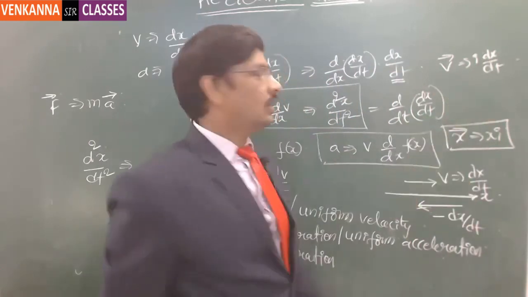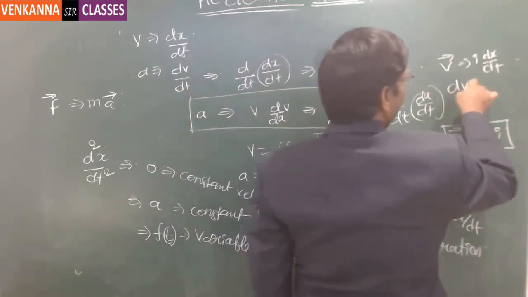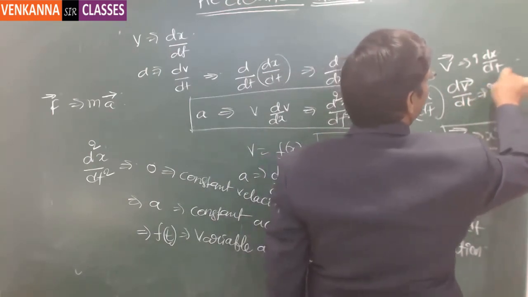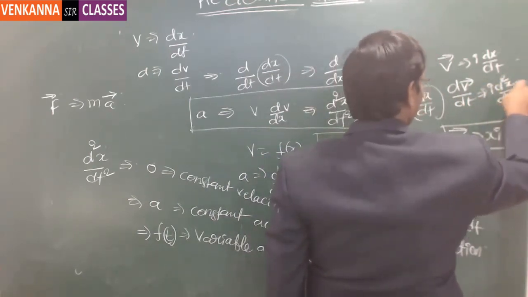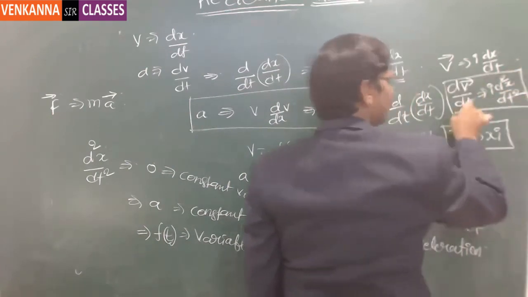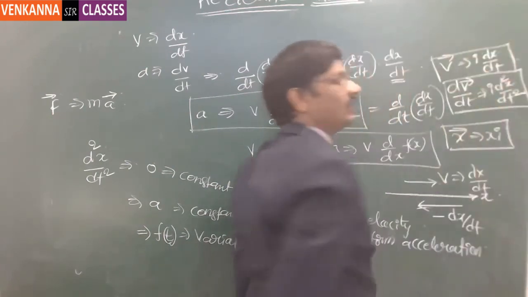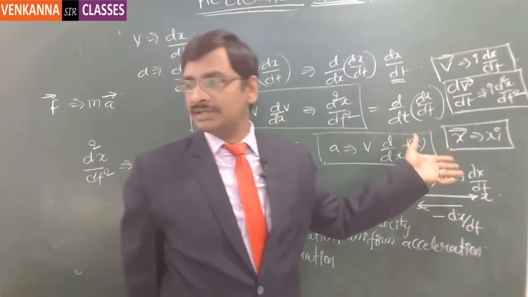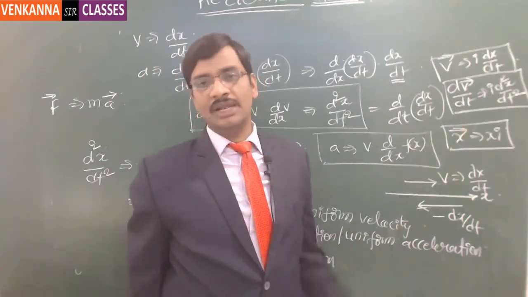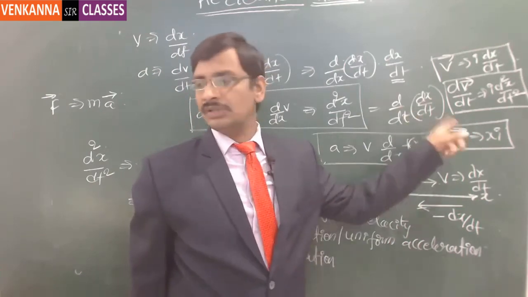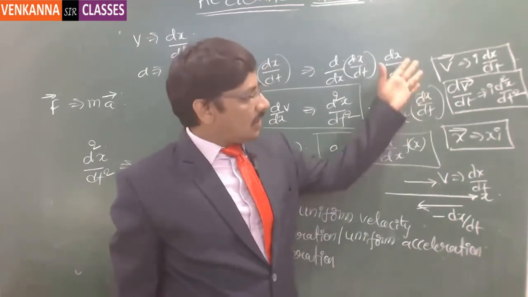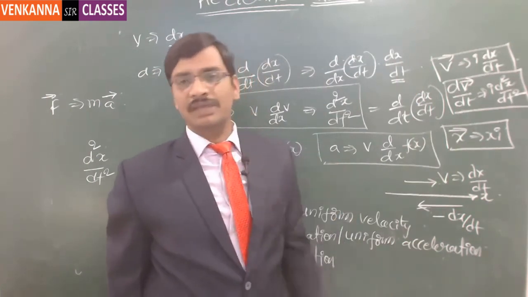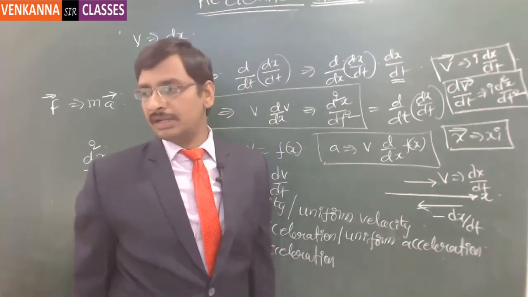Now if you again take the derivative, it is again i into d square x by dt square. If you notice, the acceleration direction is also along the x direction itself. So if the acceleration direction is along x, then the force direction is also along x. Now all the directions are in only one dimension. Everything is in the direction of x. Hence it is a rectilinear motion.